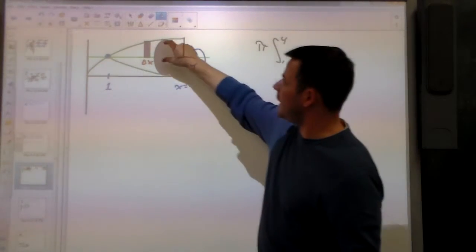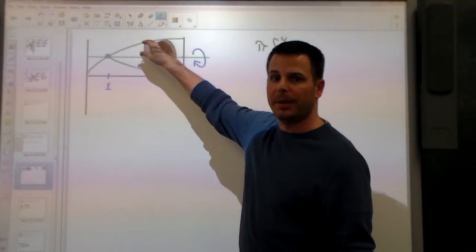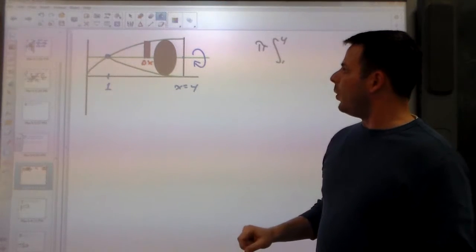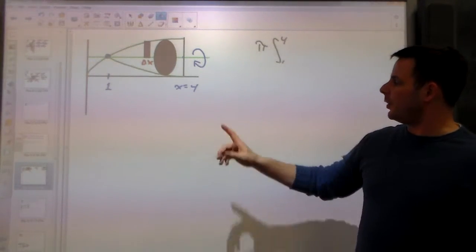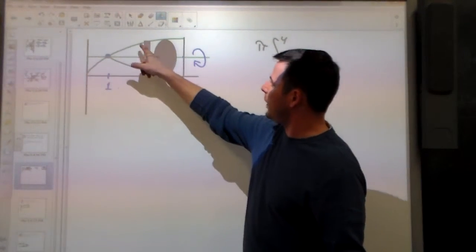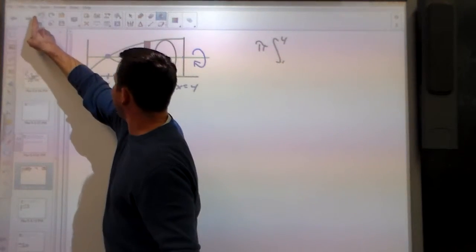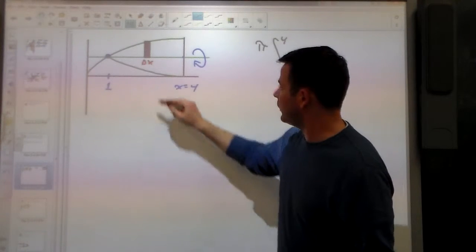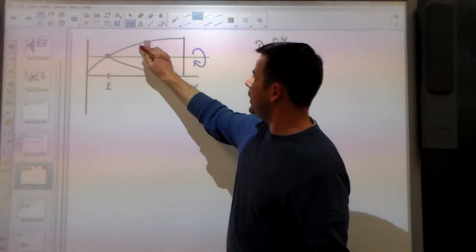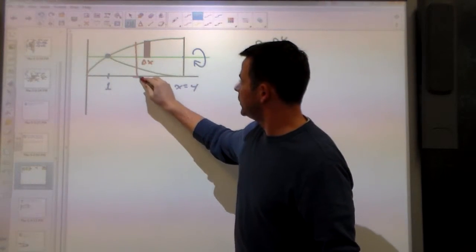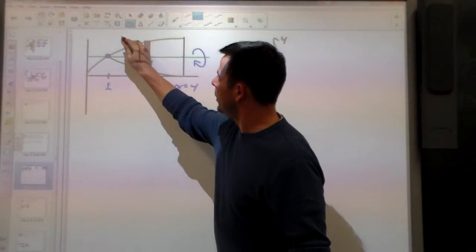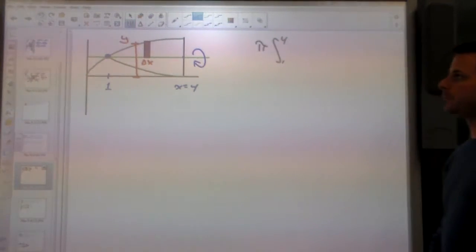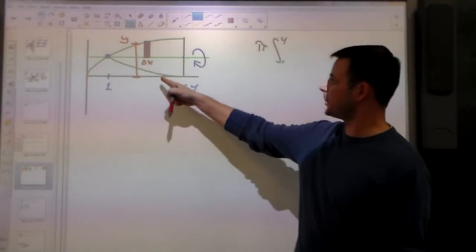What is going to be tricky here is, what is this width? Moving forward, what will be increasingly important is recognizing that we can only measure from an axis. I know that this distance from here to here is y. That's the curve.